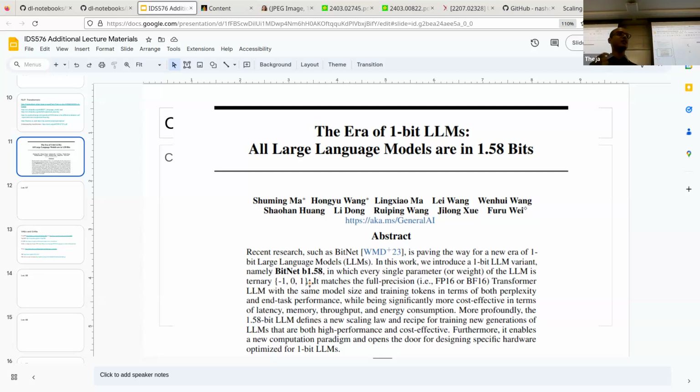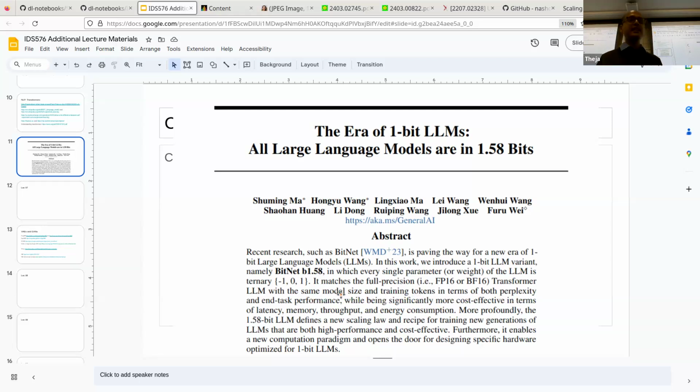Instead of the weights taking arbitrary values, which is what we've been thinking about, because we do gradient descent and so numbers will change, they're real numbers. Instead, in this case they train such that these numbers are only between these three values, and they're saying that given that, they're actually able to see really good performance in terms of performance metrics. And this is where we'll have to get into details, perplexity, and some other names here.